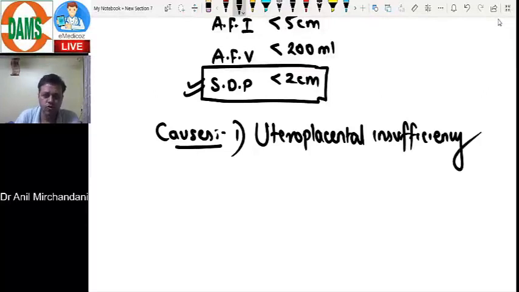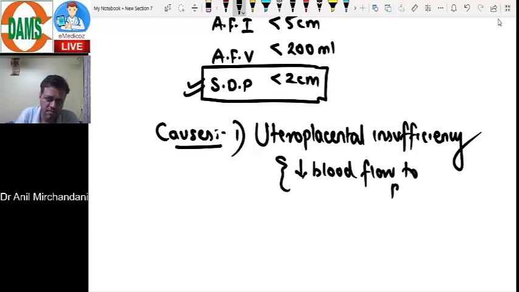What? Uteroplacental insufficiency, which means decreased blood flow to the placenta. So the blood flow is hampered. That's why the baby will get less oxygenation, and that's why the kidneys will produce less urine.